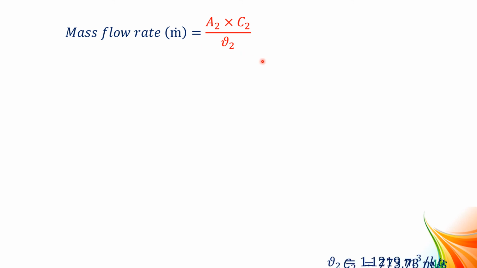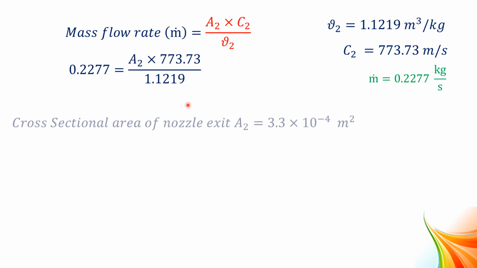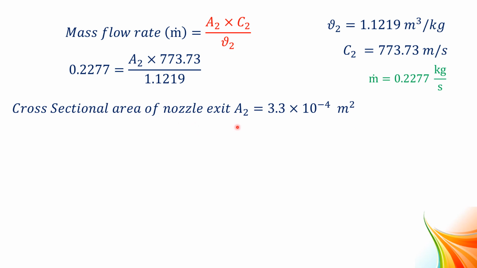Similarly, we use again the mass flow rate equation at exit of the nozzle, m dot equal to A2 C2 divided by V2. Mass flow rate we know, V2 and C2 also we have calculated. Substituting these three values in this equation, we get cross sectional area at the exit A2 equal to 3.3 into 10 to the power minus 4 meter square.